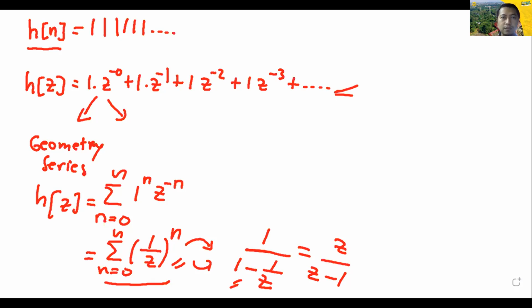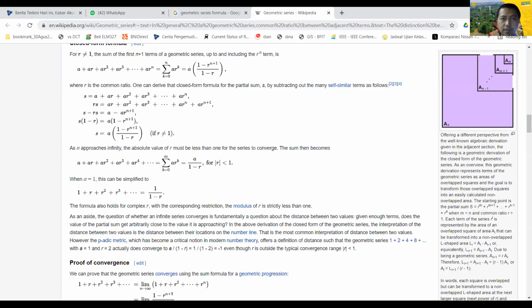For an easy resource, you can see Wikipedia. You can see this one, for example. This is the geometric series, and you can get the point that we want to express, which is just a numerator and denominator.